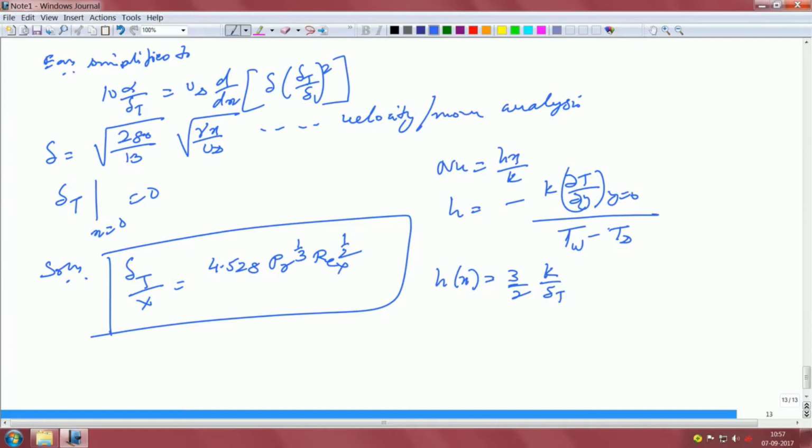So, our Hx becomes 0.331 into k by x, Prandtl number to the power of 1/3 Reynolds number to the power of x to the power of half, and Nusselt number becomes 0.331, it remains the same, Prandtl number to the power of 1/3, Reynolds number to the power of half.